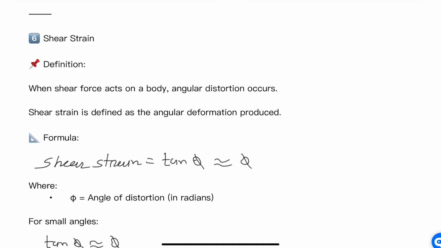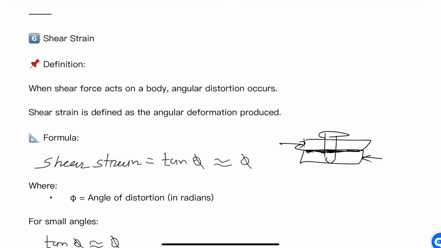Shear strain is due to the shear force. When there are two parts which are joined together with a bolt, we apply force over here and force over here. So it will generate shear stress on this surface, the middle part.